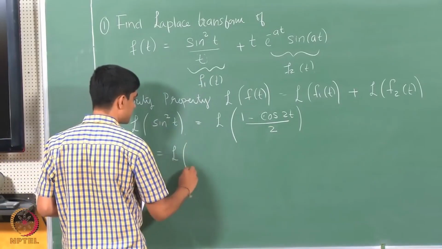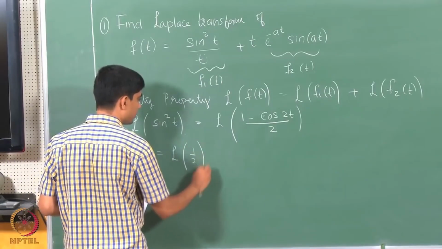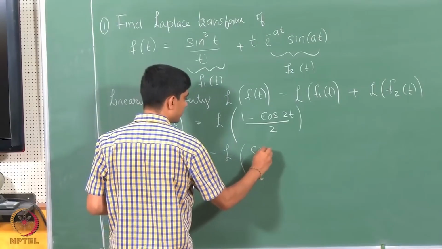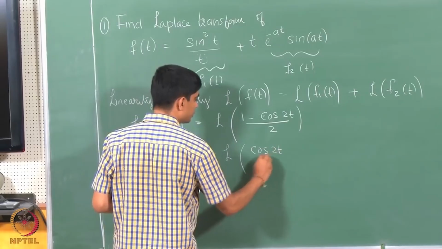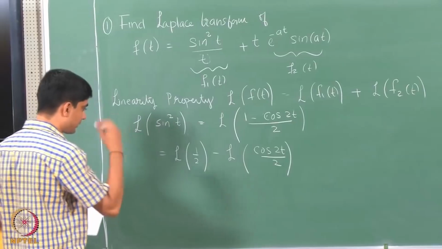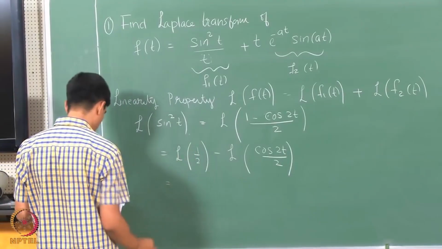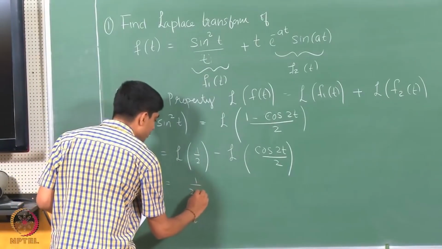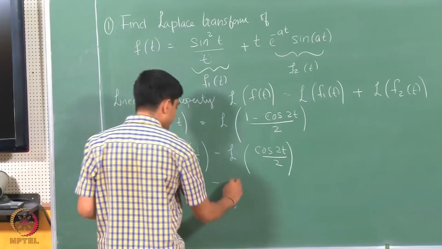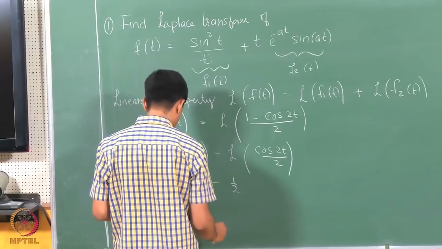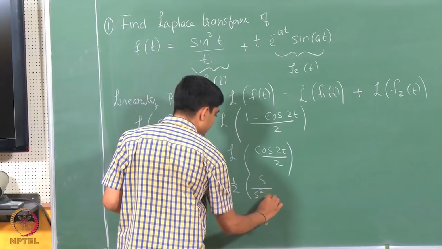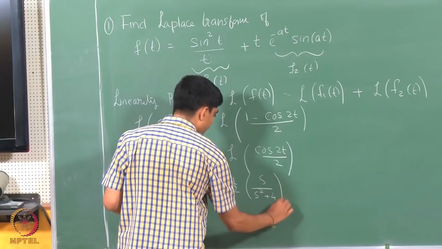This would be the Laplace transform of 1 over 2 minus the Laplace transform of cos 2t over 2. Okay. Now, I just recollect the formulas. So, this would be 1 over 2s minus 1 over 2 cos 2t would be s over s square plus 4, right.